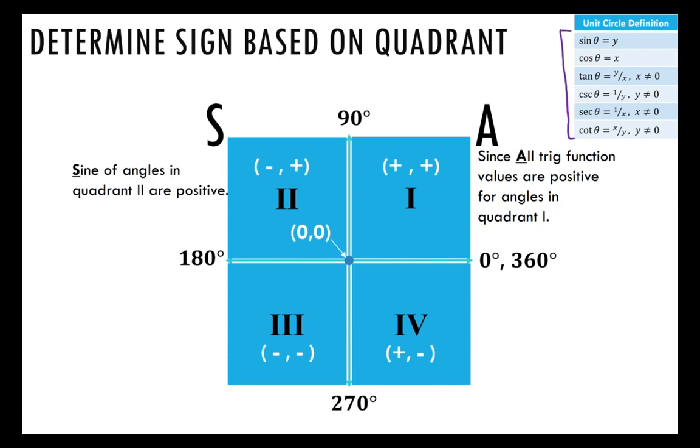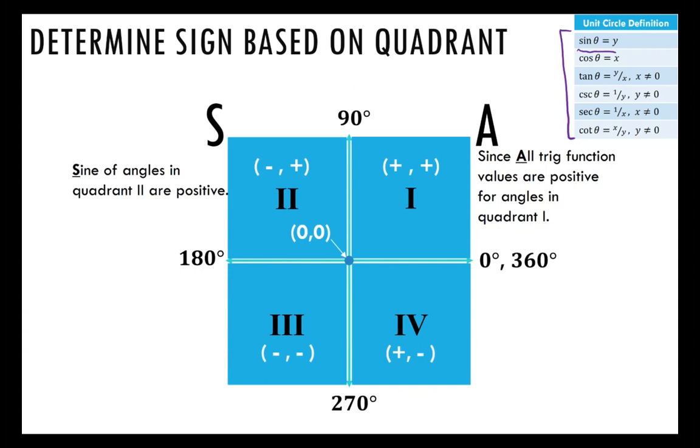Now, I'm going to say S: the sine of angles in quadrant 2 is positive, but remember that sine and cosecant, because of this definition, are directly related. So anytime we say that sine is positive, we automatically assume that cosecant has to be positive also.